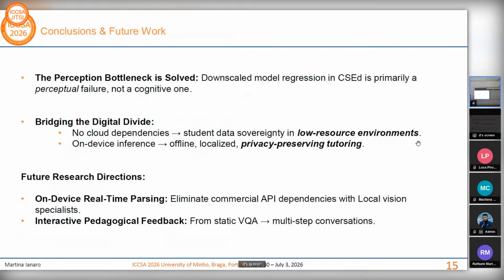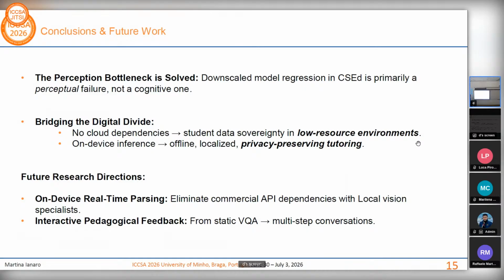So the conclusion is that the perception bottleneck is solved, and this is a solution in computer science education, because it gives us the opportunity to have an intelligent tutor system in low-resource environments, and it can also guarantee the data privacy of students, having on-device inference. For future research, the first direction is to move the visual extraction, so the generation of the textual representation of the images, onto the local device, rather than using API dependencies.